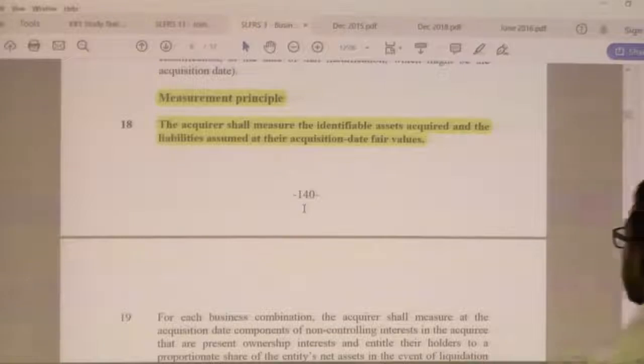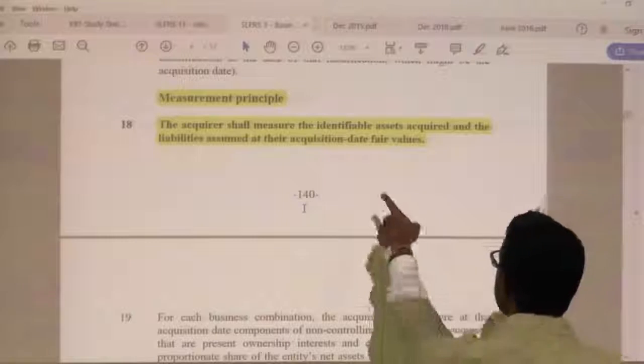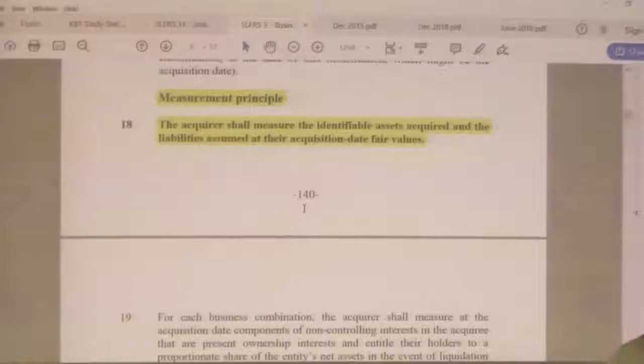Paragraph 18 explains that the acquirer shall measure the identifiable assets acquired and liabilities assumed. I told you, business combination means it's an asset acquisition or liabilities assumed, right? Liabilities you assume at their acquisition date at fair value. Underline the word fair value, right? Fair value means what?